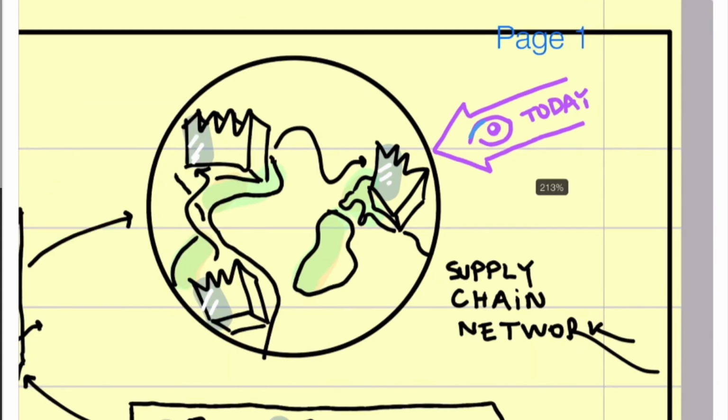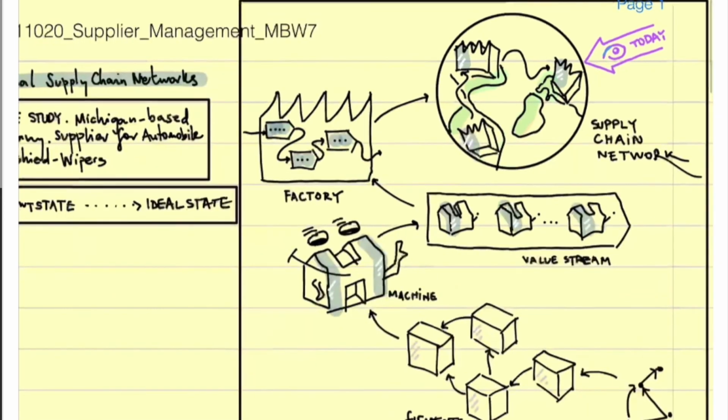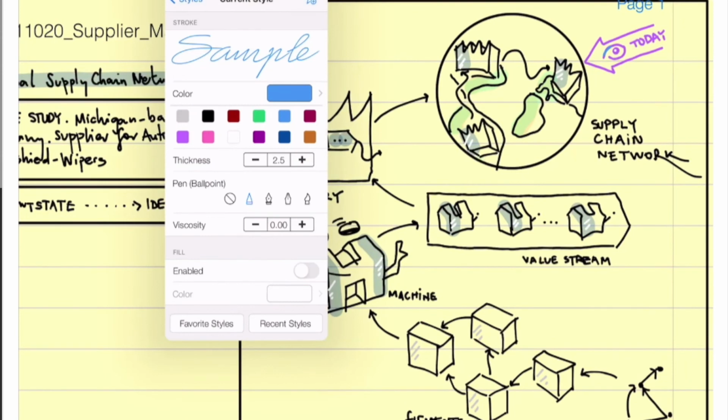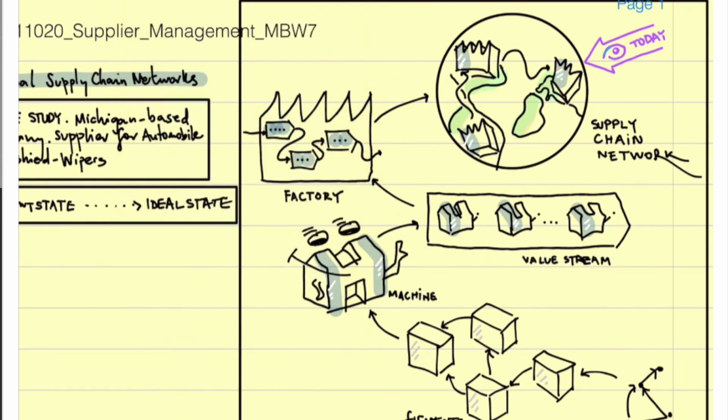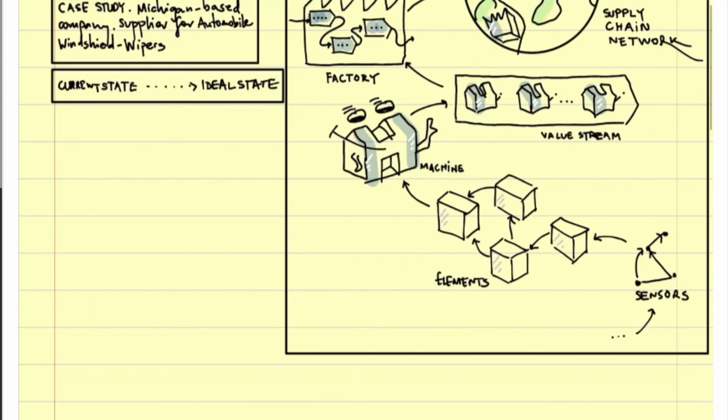Okay? We look at value chains, supply chain networks at a global level. Does it make sense? So far?